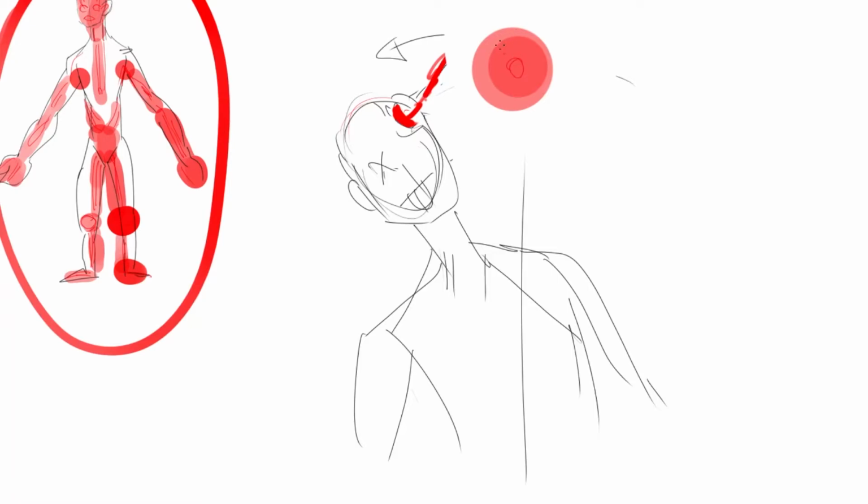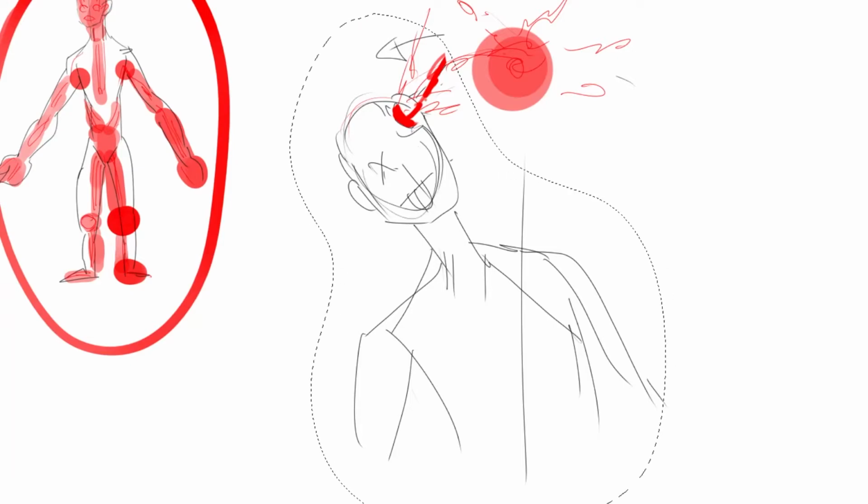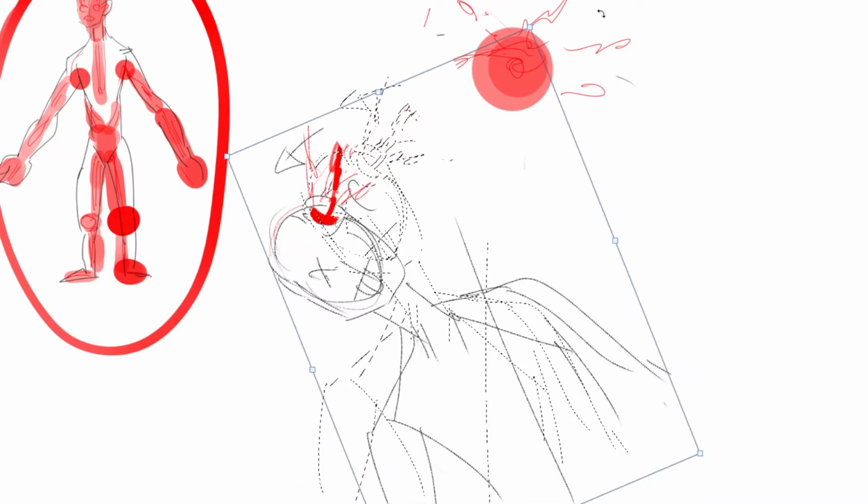At the point of impact, there is blood squirted here. The more violent the impact, the more the body is swayed to the other side.